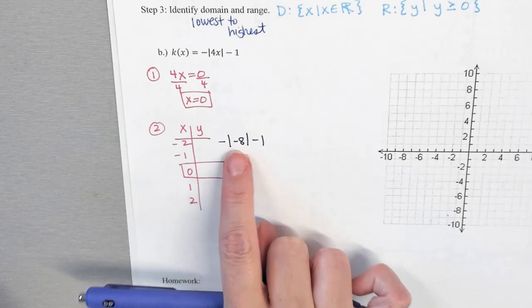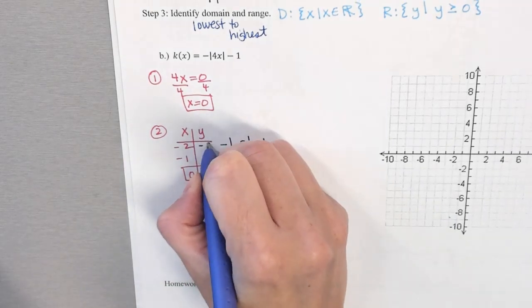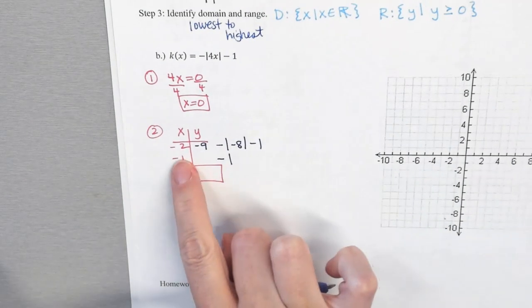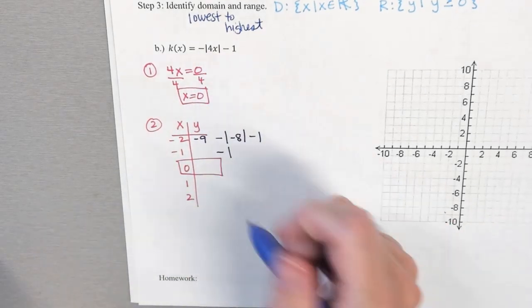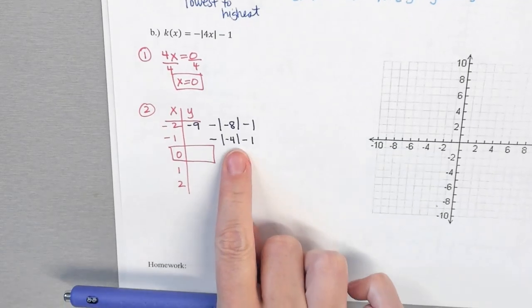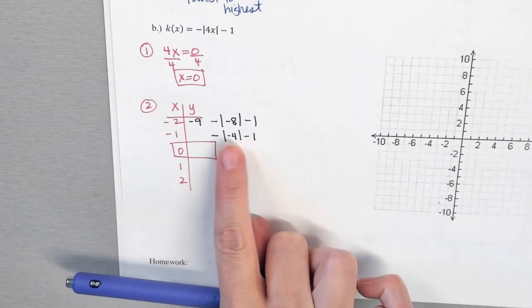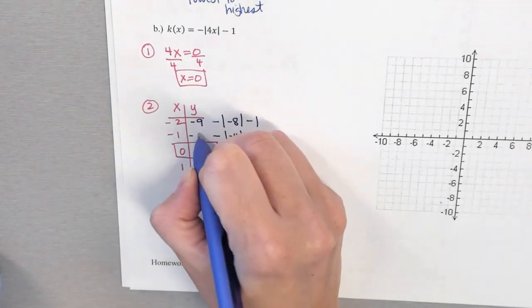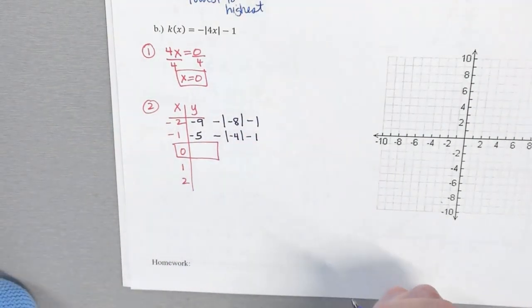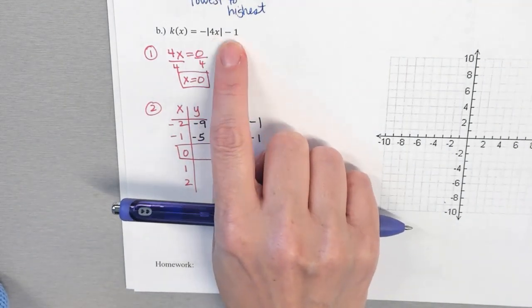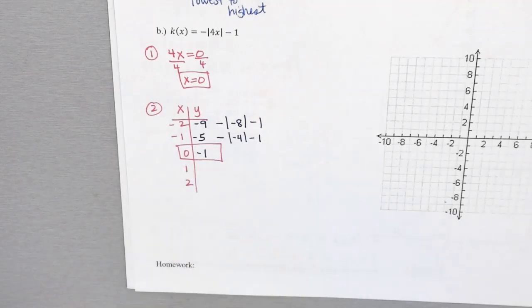So this is -8 minus 1, which is -9. Okay, and then when you plug this in, 4 times -1 is -4. So when you take the absolute value, it's +4. But when you multiply that by the negative, it's -4 minus 1, so you have -5. When you plug in 0, this is -0 minus 1, which is just -1.